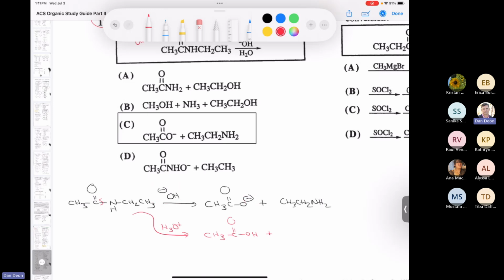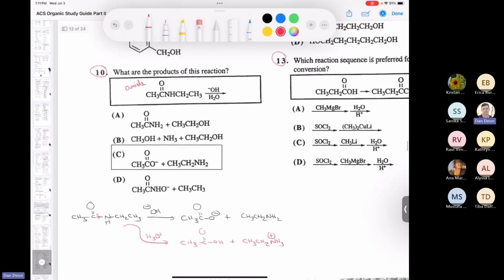And then in this case, the amine would be protonated if you were in aqueous acid, so you'd end up with the ammonium salt like that, or the ammonium ion like that. Okay, that's if you hydrolyzed it in acid. So make sure you're aware of things like Fischer esterification, saponification, hydrolysis of an amide in acid and in base.